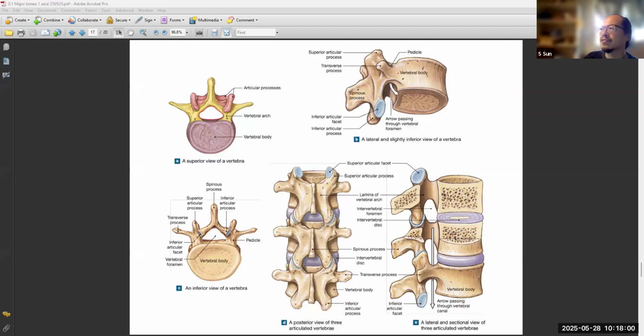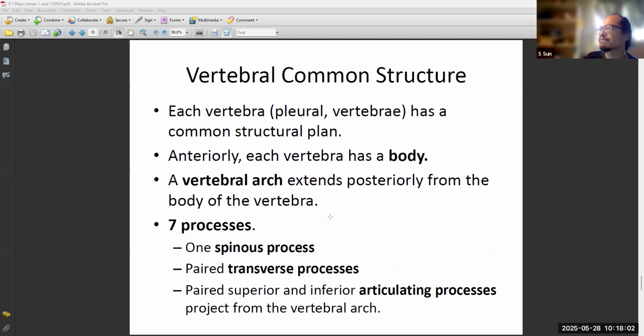All right, so that's all you need to know, and I summarize it here. Each vertebra has a common structure. Each one has a body.